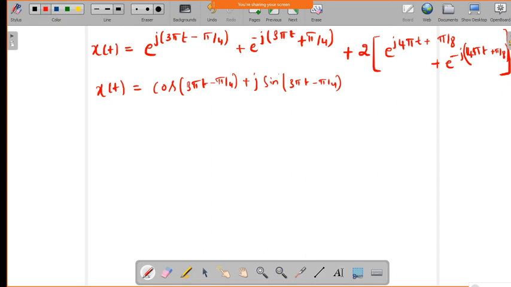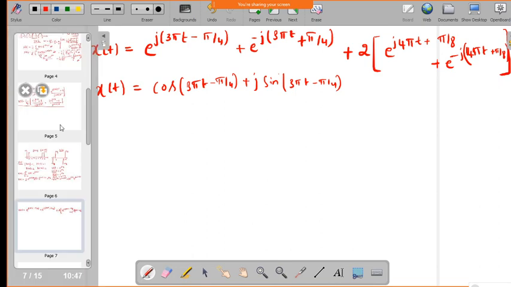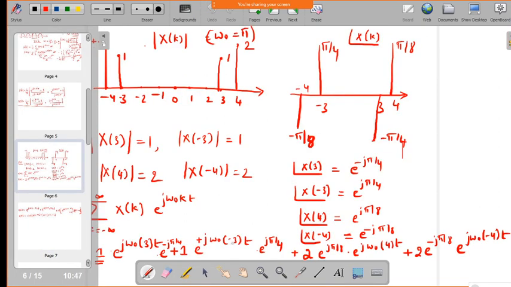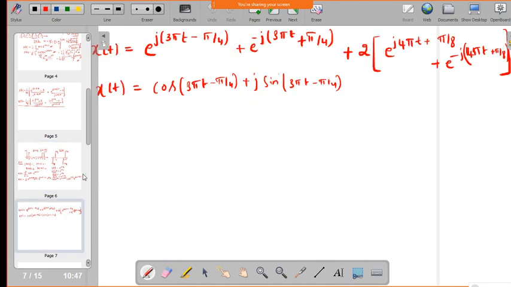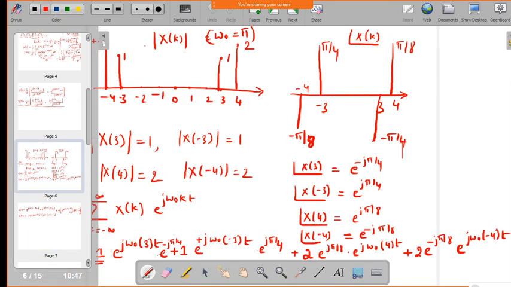Is it plus or minus? x of minus 3 is plus pi by 4, and x of 3 is minus pi by 4.